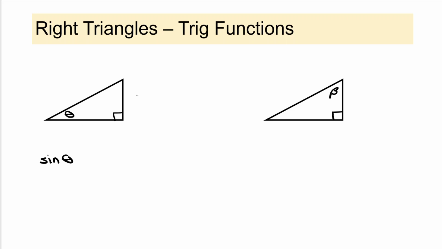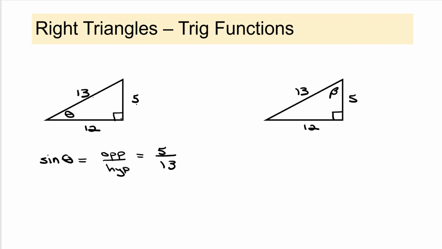Say this was our 5, 12, 13 right triangle, the same triangle. We already figured out that the sine of theta is opposite over hypotenuse. Opposite angle theta is 5. The hypotenuse is opposite the right angle, so that's 13.